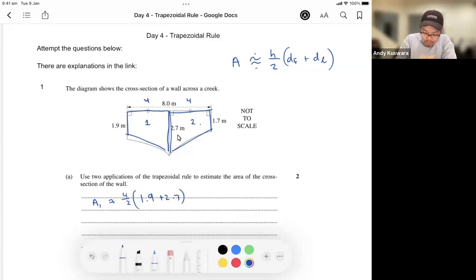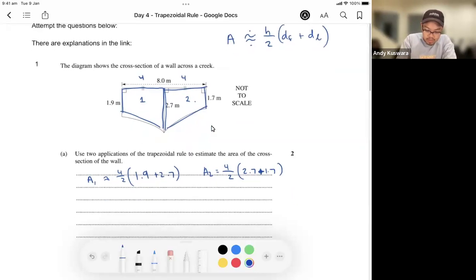That's area number 1. And while we're here, let's do area number 2. So the height again should be the same. It should be 4 on 2. And this time your two measurements are 2.7 and 1.7. Oops, and don't forget, formula inside the bracket is plus.